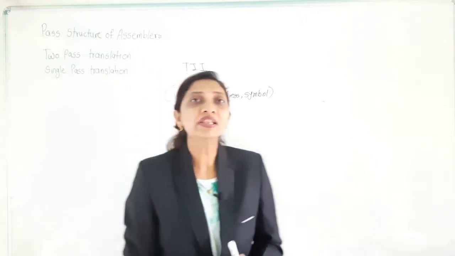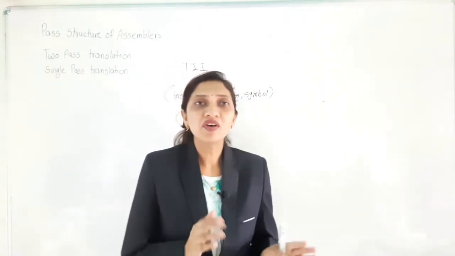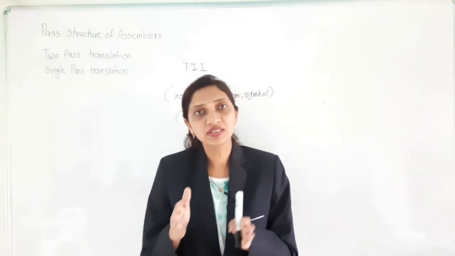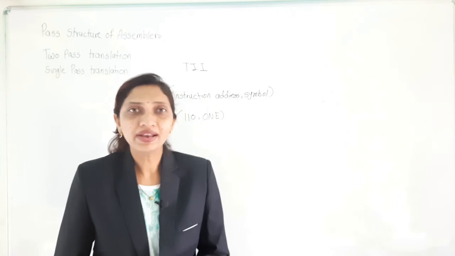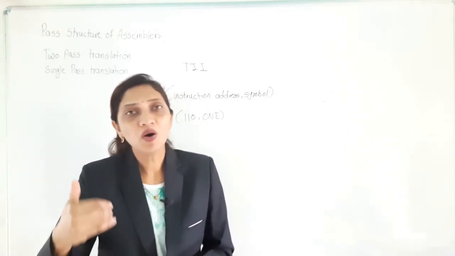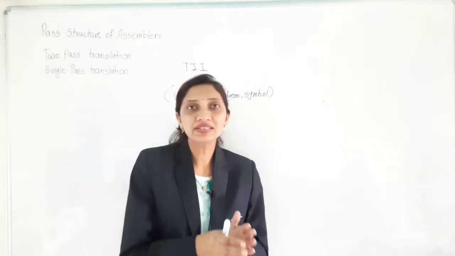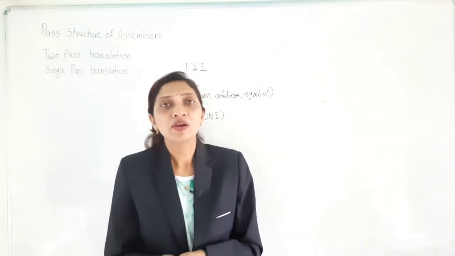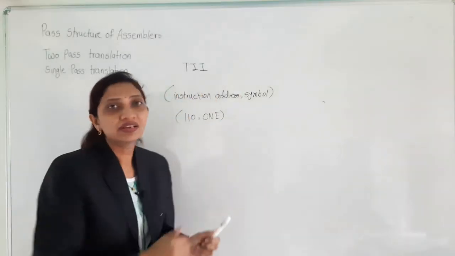In this way the entries are made in the TII table, and once the end statement is processed, the symbol table contains all the entries, that is, the address and name of each symbol. So by using that symbol table, this TII table is completed.